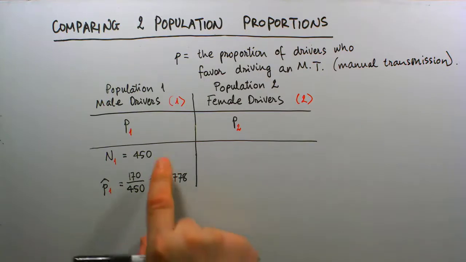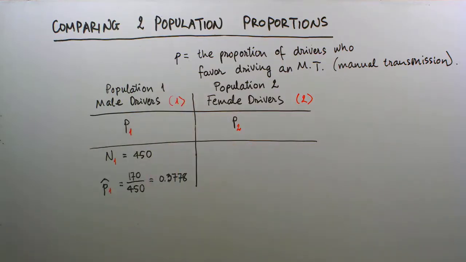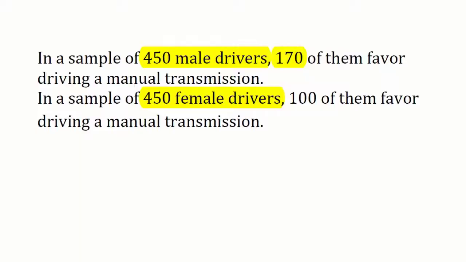And so now that's all of the description for our sample that came out from population 1. Let's now move on to the other sample. So let's now turn our focus to the computer screen here. On the other hand, in a sample of 450 female drivers, this highlighted information indicates that we selected 450 female drivers from population 2.